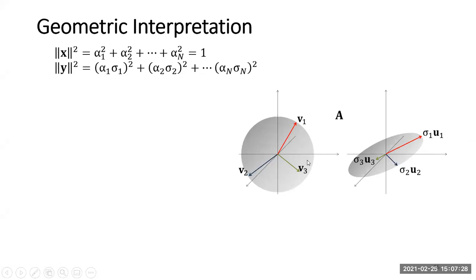But unlike in spectral decomposition, the directions are changing. This is v1 and this is sigma 1 u1. This geometric interpretation is very similar to that of spectral decomposition, but in spectral decomposition, the directions were not changing.